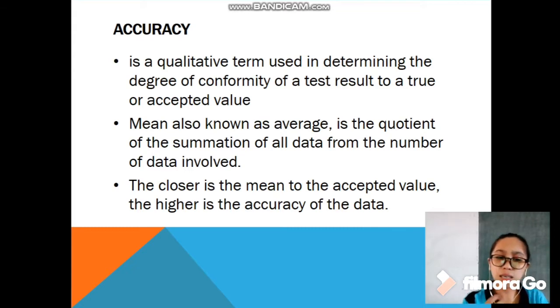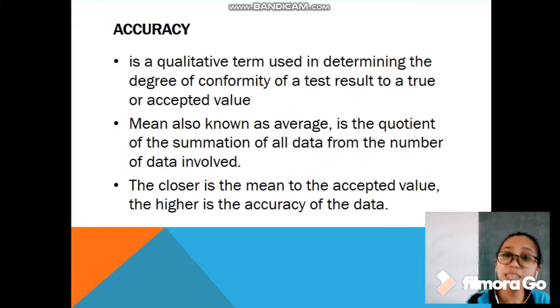So in evaluating accuracy, we can use the mean, also known as average. Okay, do you know the formula for the mean? Just simply add all the data and then divide by the number of the data.